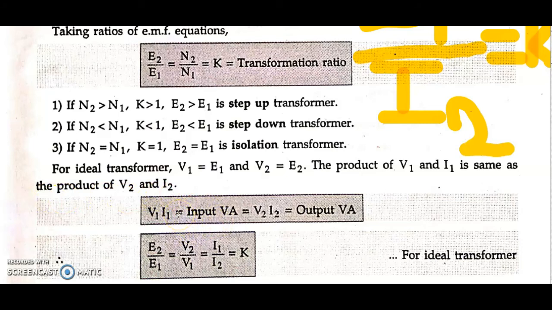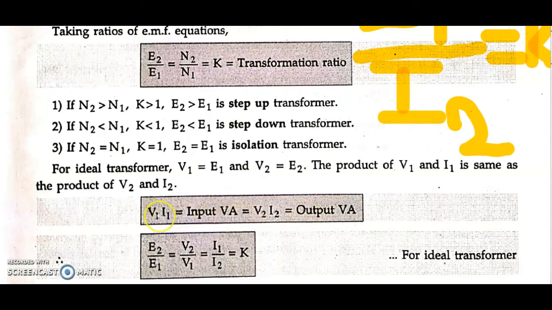The KVA of a transformer always remains the same, either referred to the primary or the secondary. Once again, the KVA of a transformer is always the same, either you refer to the primary or the secondary. Only in a tertiary transformer is it different.